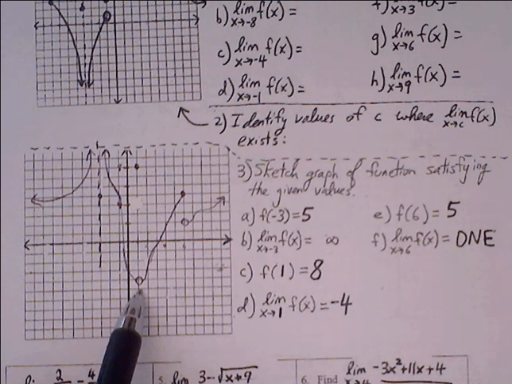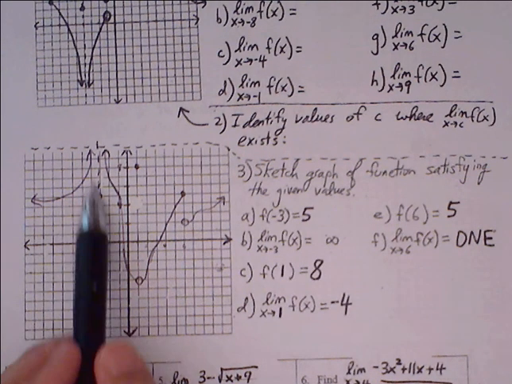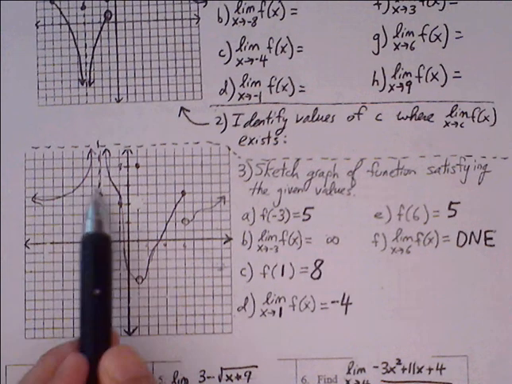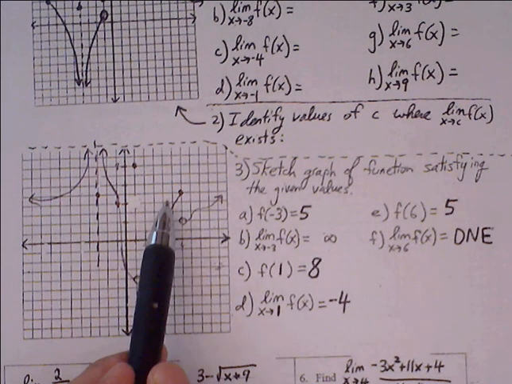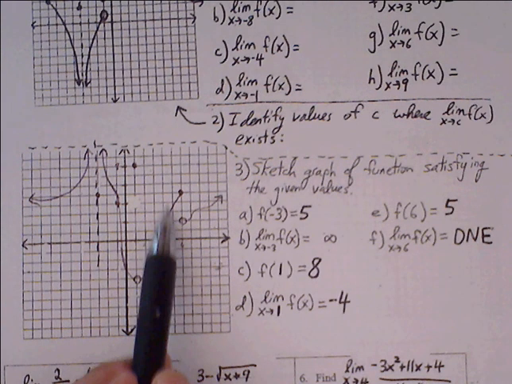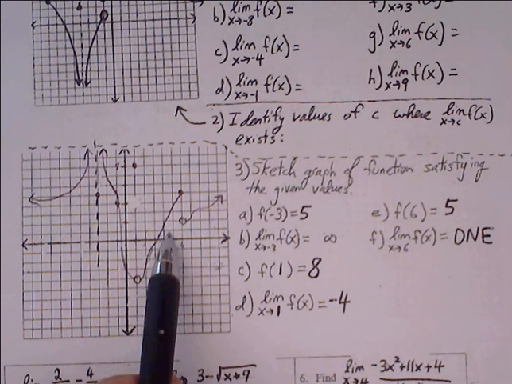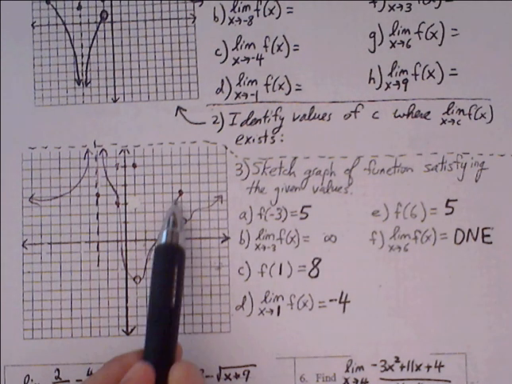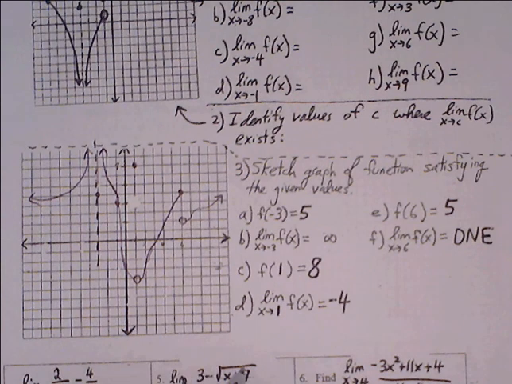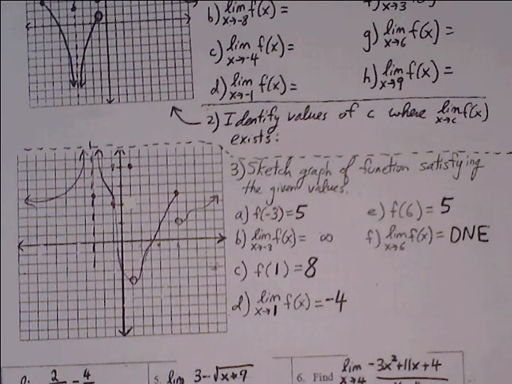But there's a hole, so we need to also ensure that every part of our graph passes the vertical line test. So we should not see any points or any graphs that are overlapping each other. F of 6 equals 5, that's an ordered pair, and then the limit as x approaches 6 does not exist.